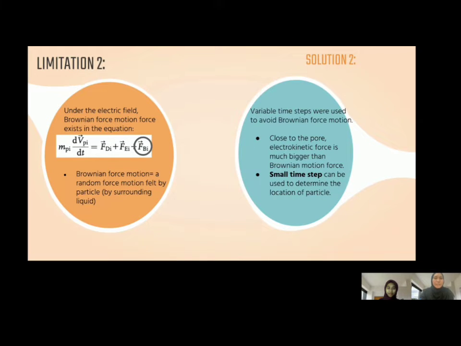This electrokinetic force is one of the forces in the Langevin equation, which is FEI. They found that a small time step can be used to determine the location of the particles. Time step is a very important parameter, as this can help to sample the phase space quickly and save on computer expense.